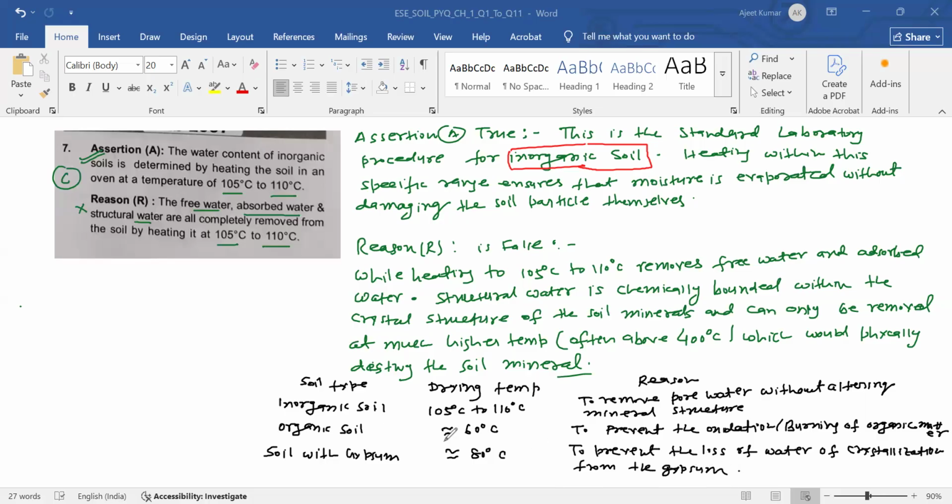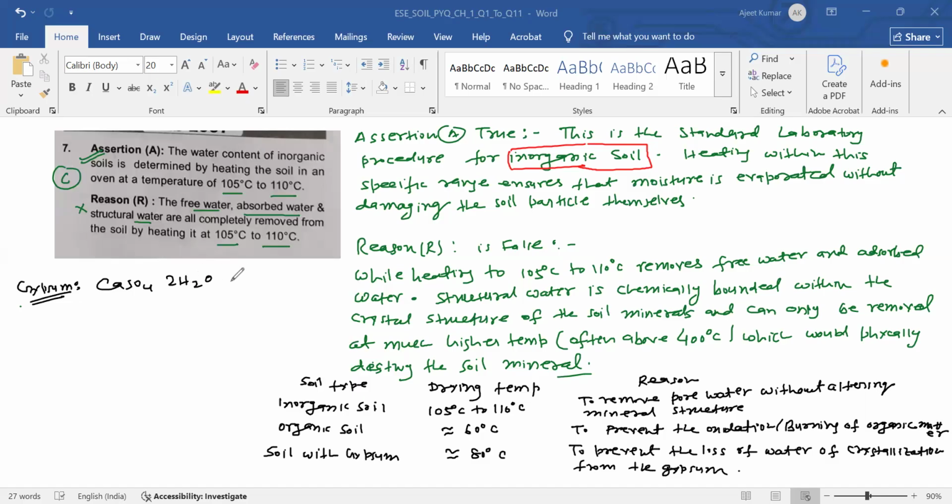So what is gypsum? Sometimes it is asked in examinations: the formula of gypsum is CaSO4 with 2H2O, two water molecules, and this 2H2O is crystalline water.